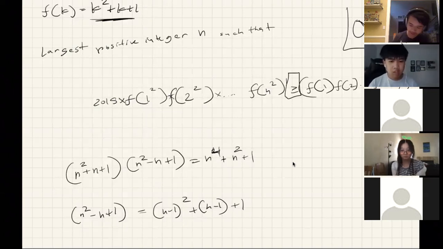The first one is n squared plus n plus 1 times n squared minus n plus 1. It equals n to the power 4 plus n to the power 2 plus 1.